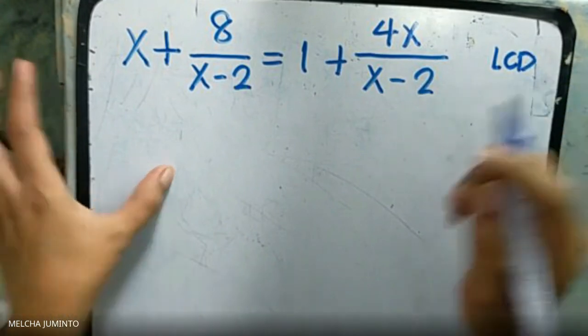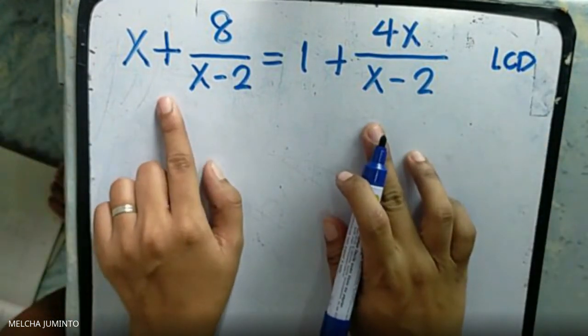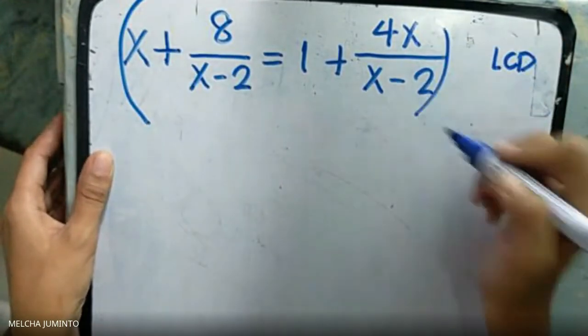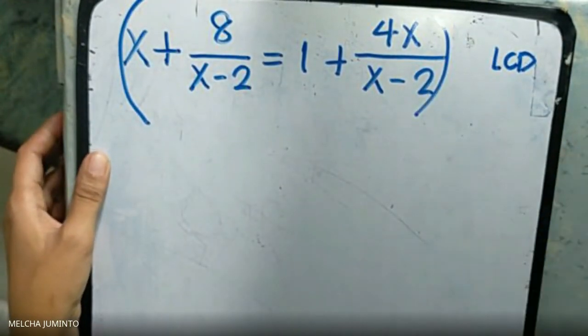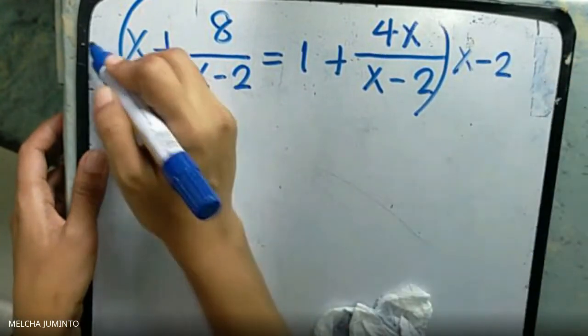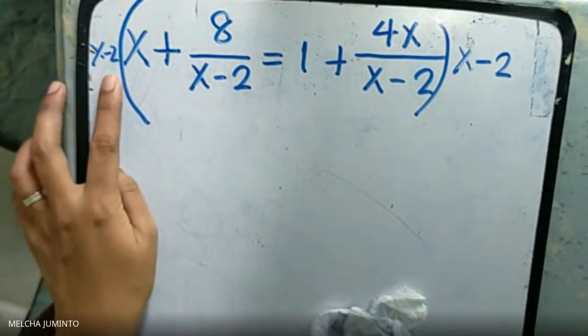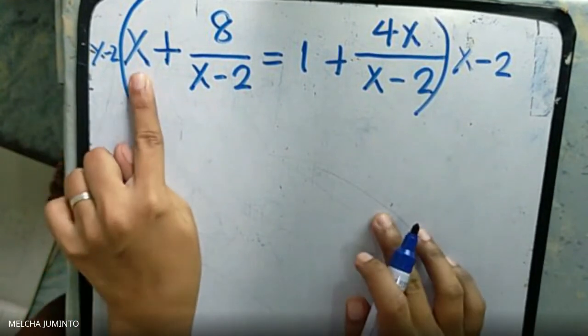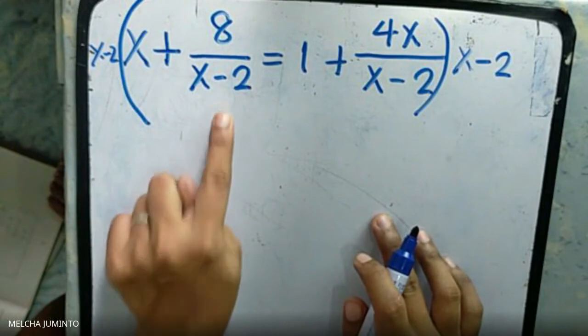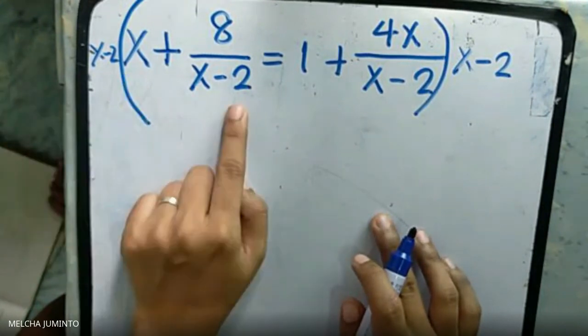LCD. Here, the LCD is the binomial x minus 2. So we multiply both sides of the equation with the LCD, which is x minus 2. X minus 2, both sides. Okay, take note that x is one term. 8 over x minus 2 is another term. So first term, second term.